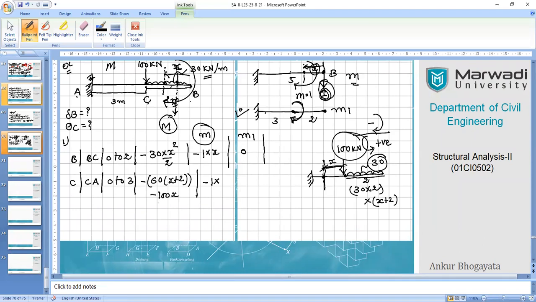For CA moment, that is, you want to correct something? Yes, sir. Minus 60 times x plus 1, sir. Why x plus 1? Sir, because the UDL distance is 2 meters and we should take it.